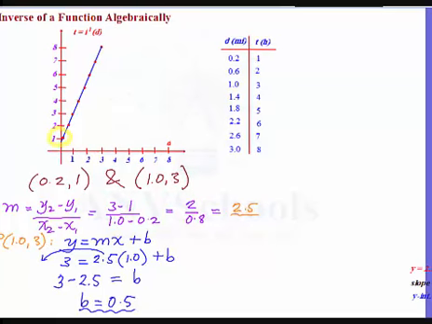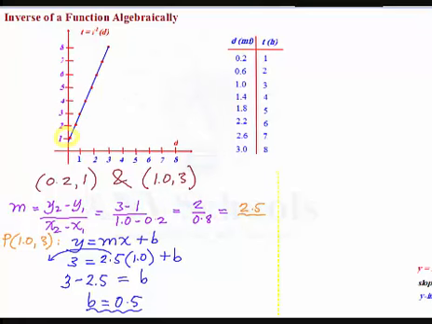Okay, now we're going to write the equation of the line for this inverse function. So we will have y is equal to, what is our slope? It's 2.5.